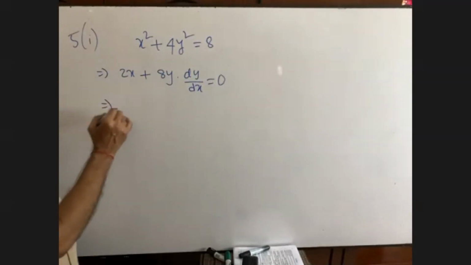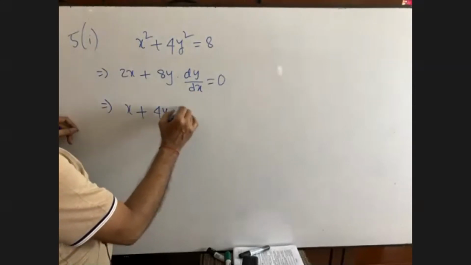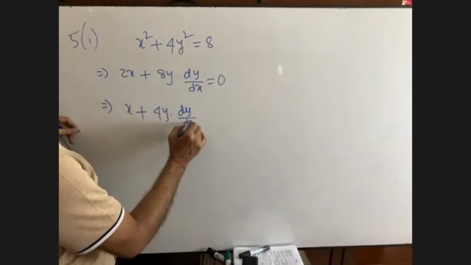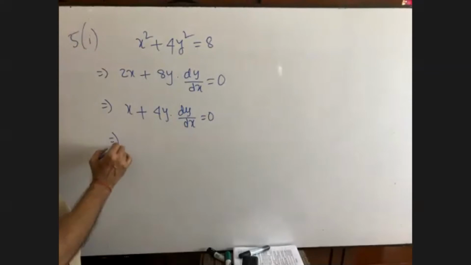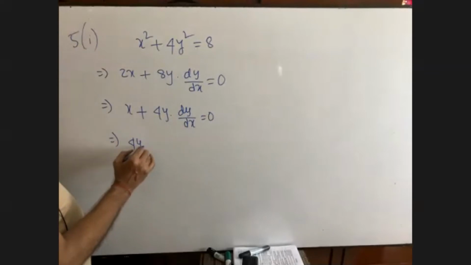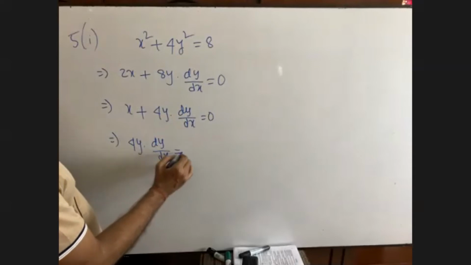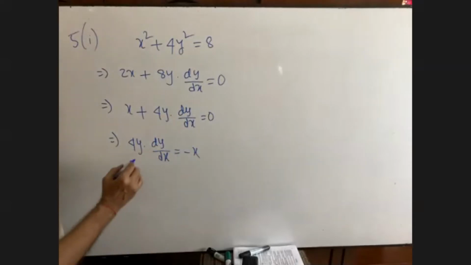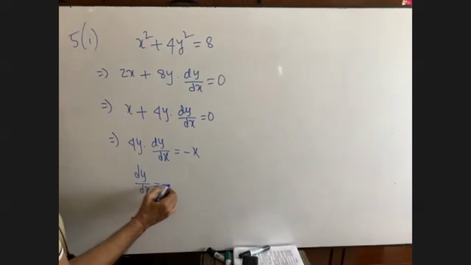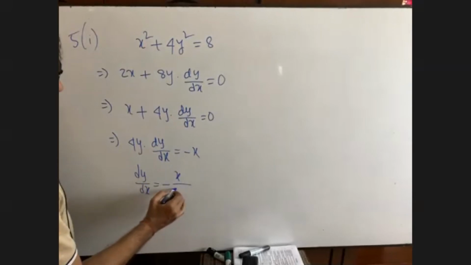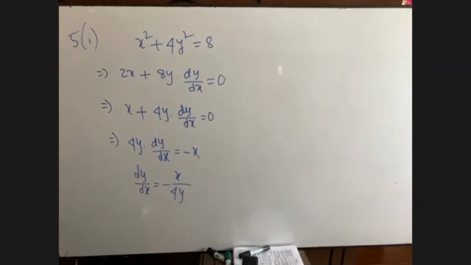That means x plus 4y dy by dx equals 0. That means 4y dy by dx equals what? Minus x. That means dy by dx equals minus x by 4y. Okay?